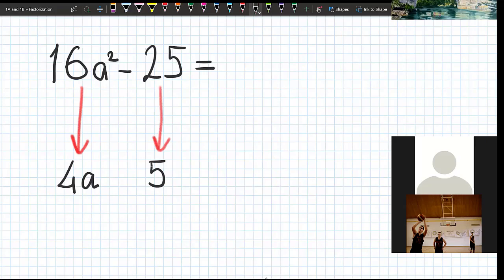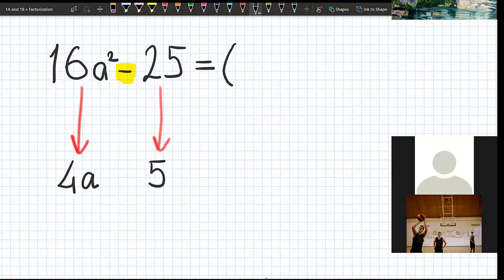That's the first step. The second step is that between these two terms, you need to have minus. If it is plus, you cannot factorize it. So it should be minus between them. Because of that, we are calling this difference of two squares. Then, could you tell me the factorized form?